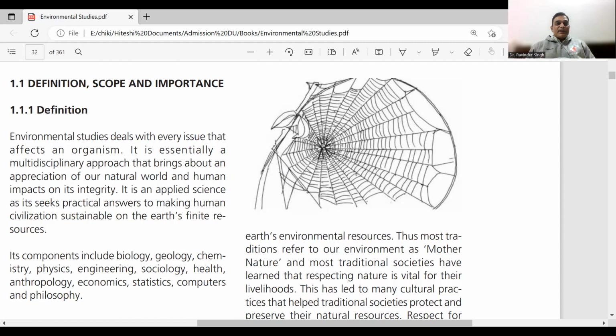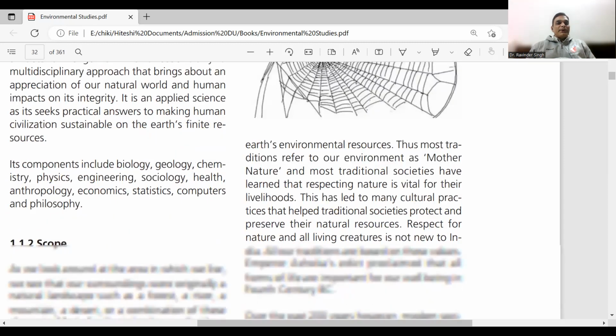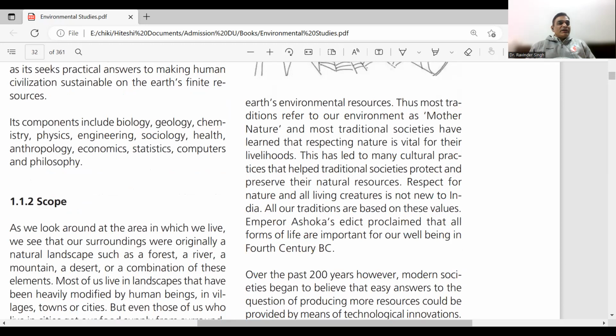It is an applied science as it seeks practical answers to make human civilization sustainable on the earth's finite resources. Its components include biology, geology, chemistry, physics, engineering, sociology, health, anthropology, economics, statistics, computers, and philosophy.